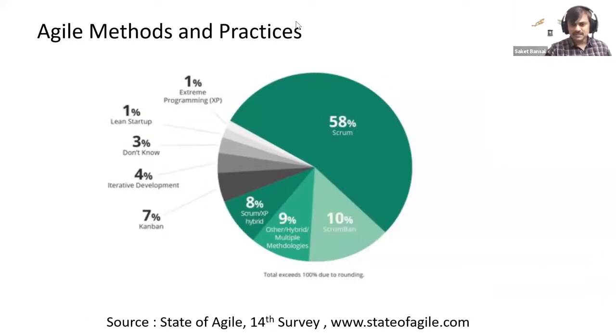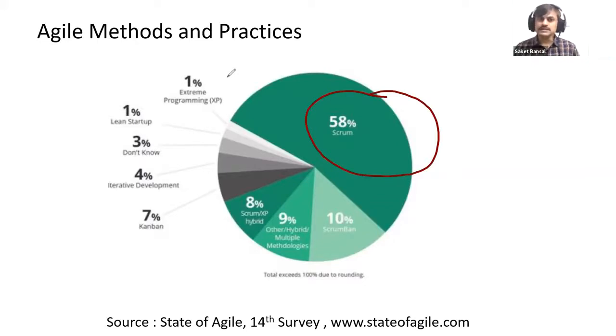There are various surveys which keep happening, and a recent survey from 1 year ago, by a company named Version 1, who run a website called State of Agile, asked people which agile they are applying. Around 58% of the people are using the Scrum way of working. So when it comes to agile practices, Scrum is the most common practice which people use. That's just information you can keep with you.